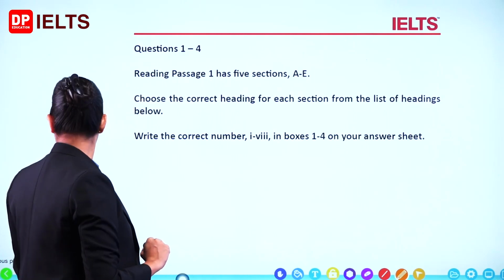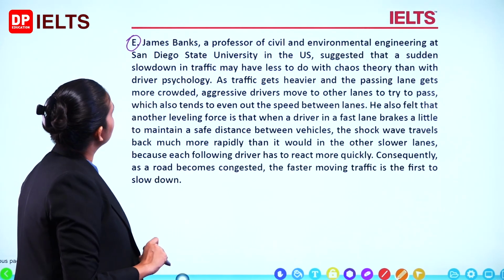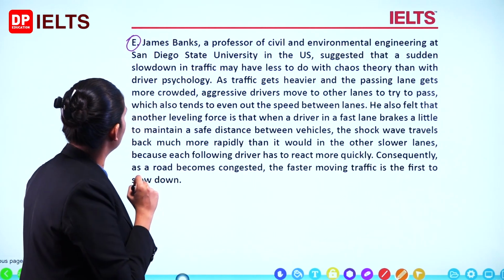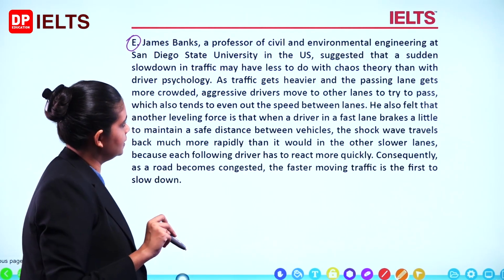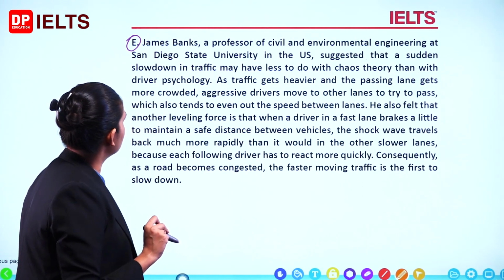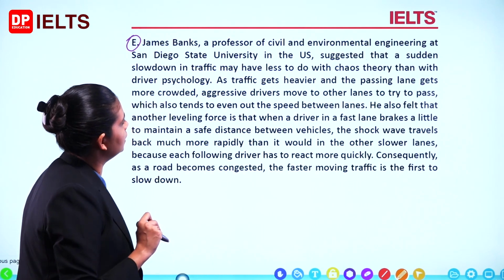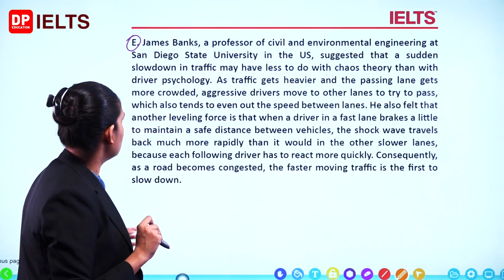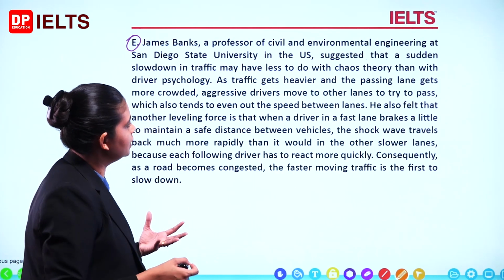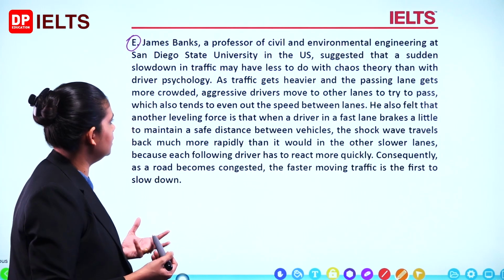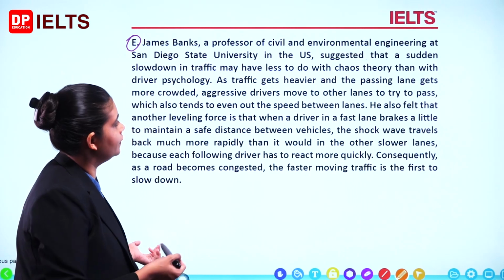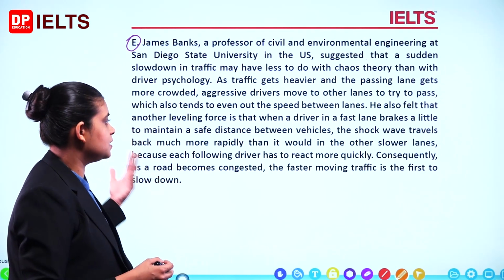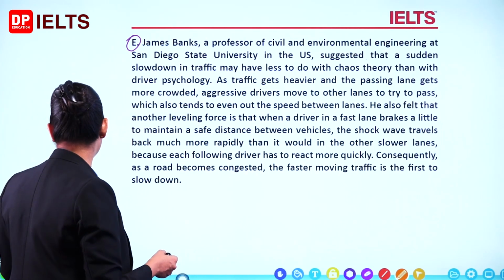Section E. James Banks, a professor of civil and environmental engineering at San Diego State University in the US, suggested that a sudden slowdown in traffic may have less to do with chaos theory than with driver psychology, right? So, as traffic gets heavier and the passing lane gets more crowded, aggressive drivers move to other lanes. Consequently, as the road becomes congested, the faster moving traffic is the first to slow down.